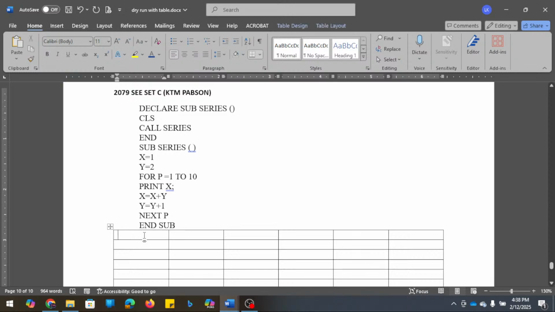Now in the diagram table, first x equals 1 and y is 2.